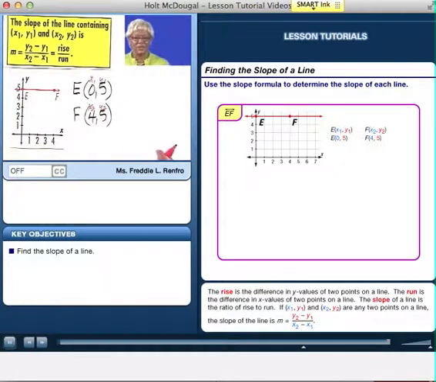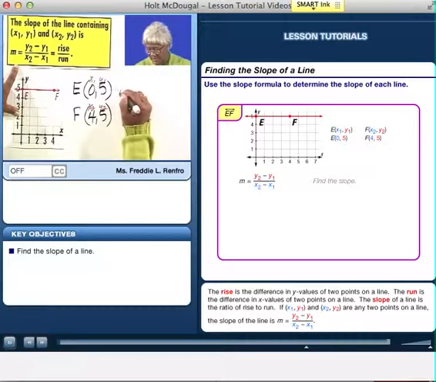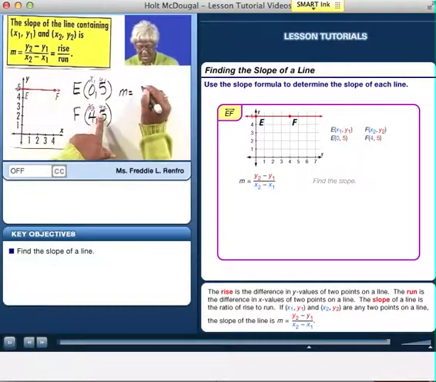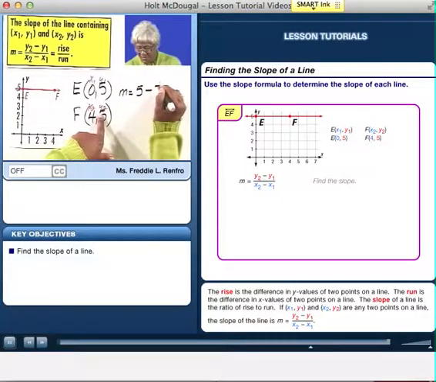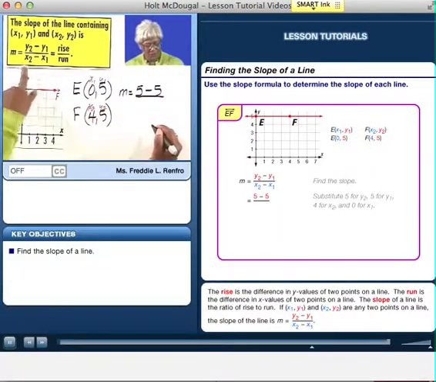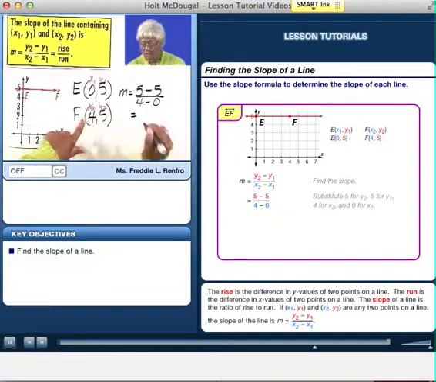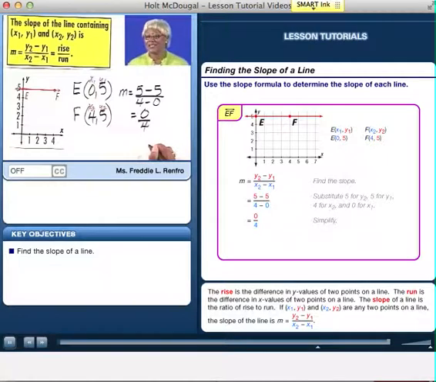Now let's use our formula. The formula for the slope says we subtract the y-coordinates. We're going to start with 5 minus 5 over 4 minus 0. What's that equal to? 0 over 4. But what is 0 over 4 equal to? 0 over 4 is equal to 0.